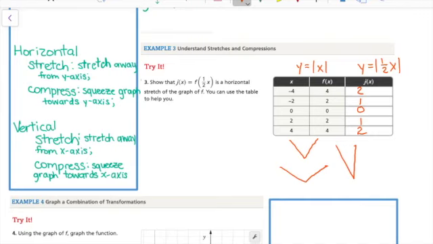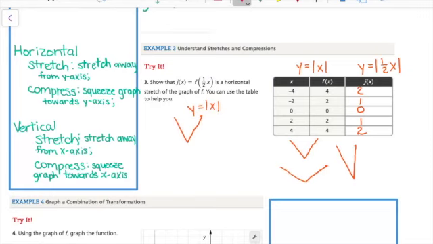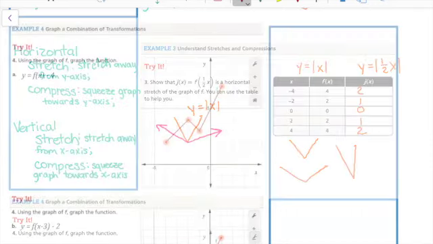If I graphed it, I also notice here's absolute value of x, absolute value of 1/2 x. Those colors aren't a whole lot different, but they look more like that. So the stretches and compresses just help say that it is getting wider or skinnier.